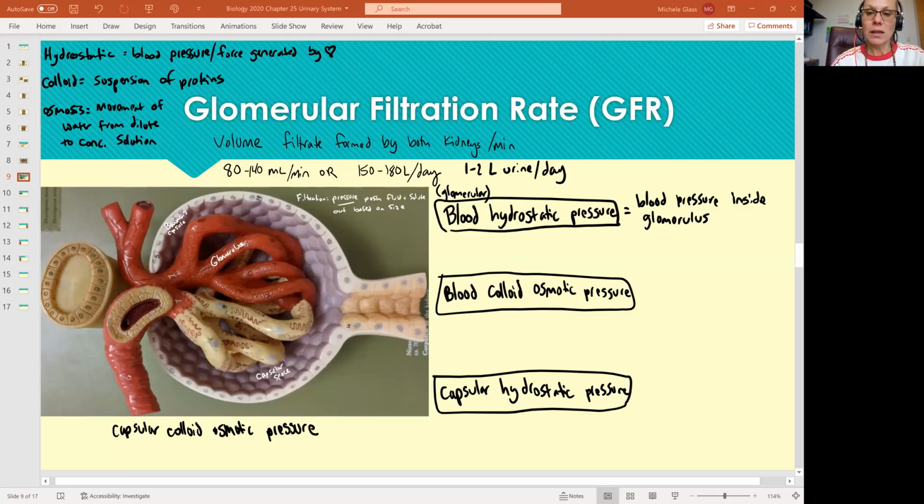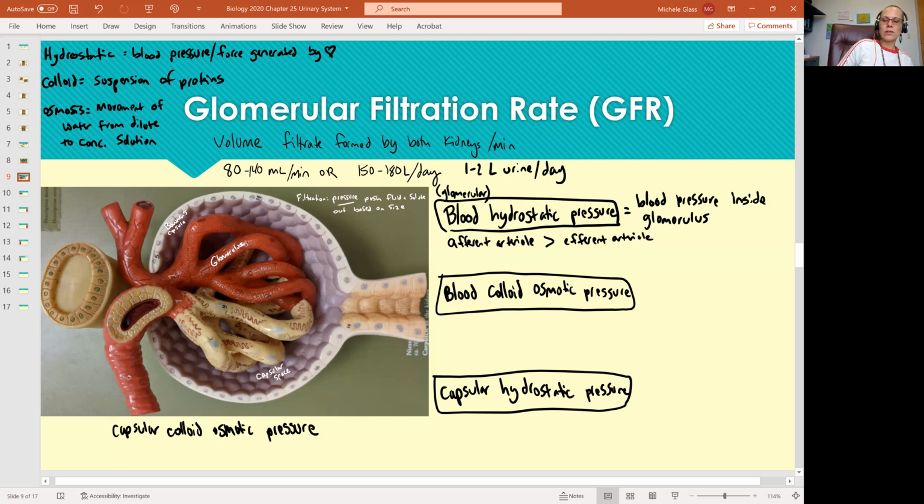So when we're looking at the blood hydrostatic pressure, the glomerular hydrostatic pressure, we're going to see it's higher than systemic blood pressure. And part of this is because the afferent arteriole is going to have a larger diameter than the efferent arteriole.